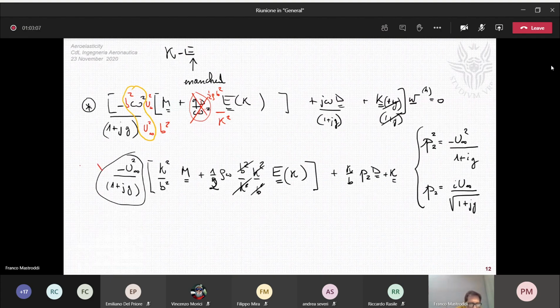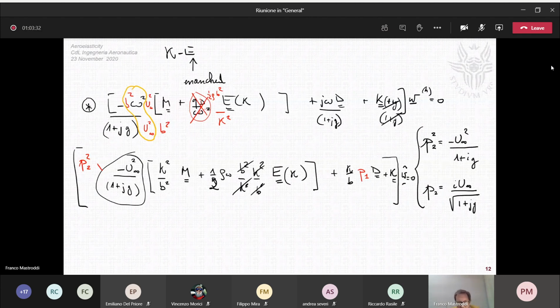So this is p2 to the power 2, and this is p2. So another variable similar to p1 is just another way of viewing our problem in a different manner, but the basic meaning is the same.